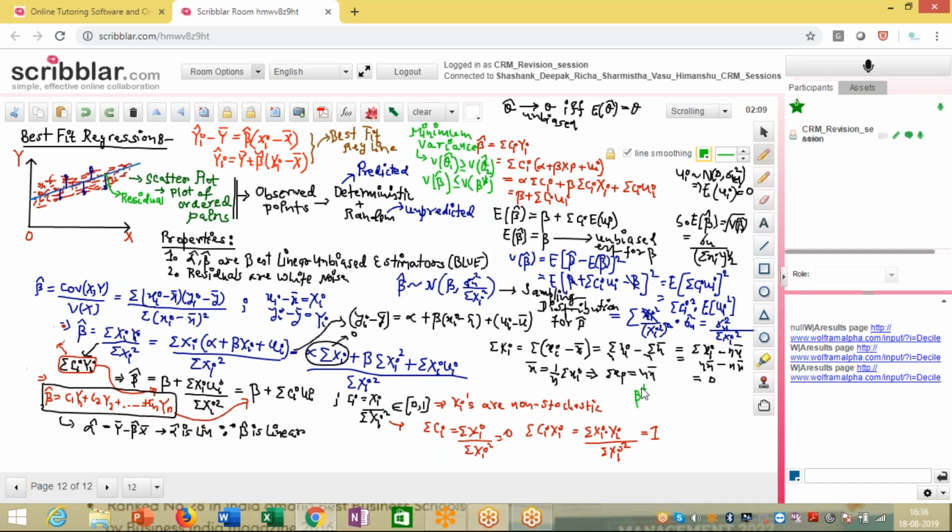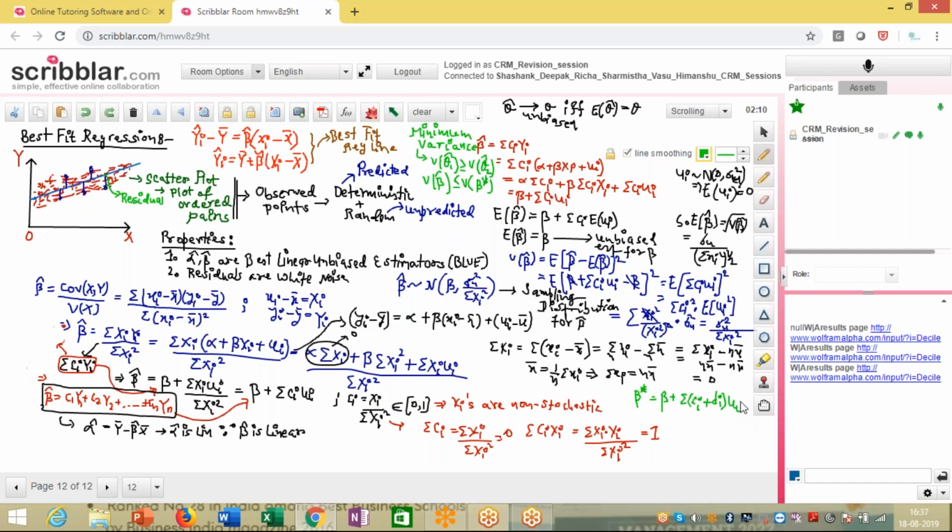So beta star is equal to beta plus the summation of Ci plus Di, right? So Di can be positive as well as negative, so it's Ci plus Di into Ui.